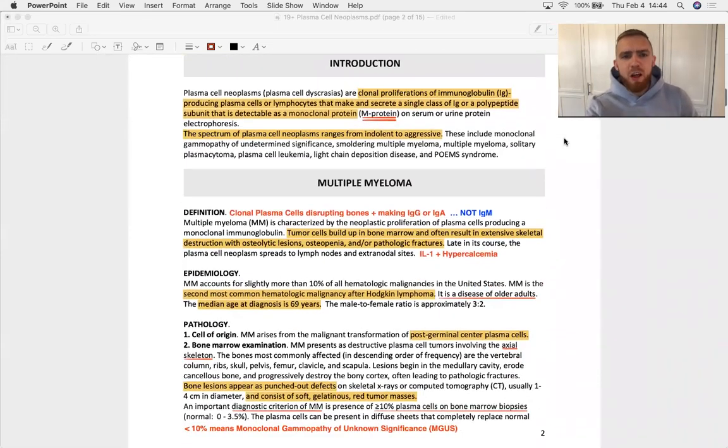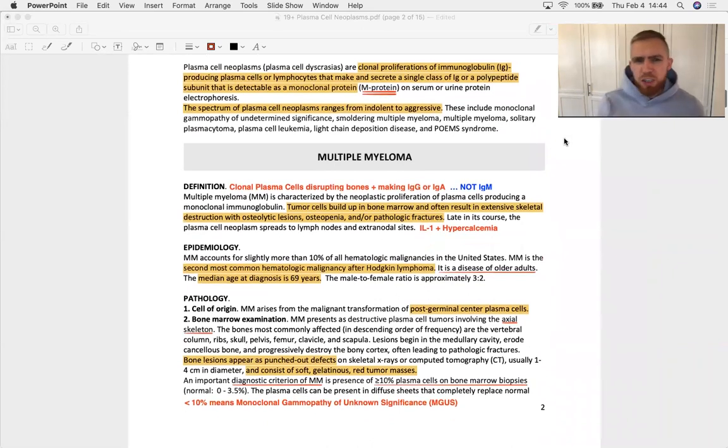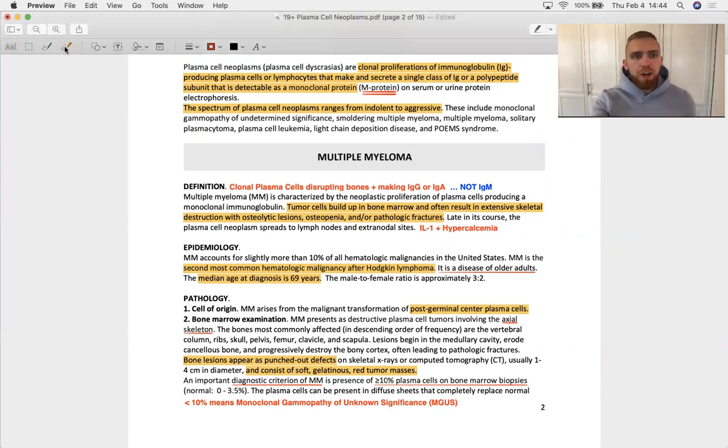So a plasma cell neoplasm, or a dyscrasia, is a clonal proliferation of an activated B cell known as a plasma cell that's making immunoglobulin against a particular antigen. So it's pretty easy to diagnose these things once you get a hunch for them, because again, you're always going to have a monoclonal proteinemia. And in the case of multiple myeloma, that's called an M protein, but the M does not mean IgM.